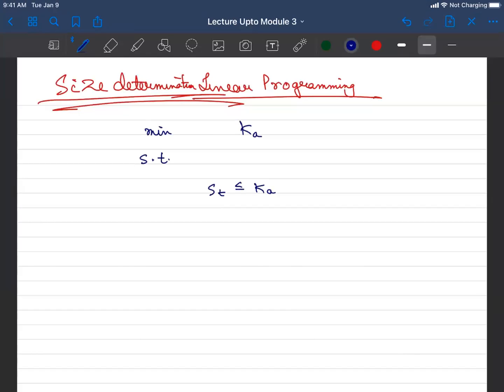ST should be less than or equal to KA. Absolutely right. What else? Both these values should be positive. ST should be greater than 0, KA should be greater than 0. What else? We can apply mass balance, that storage in the present time should be equal to storage in the previous period.